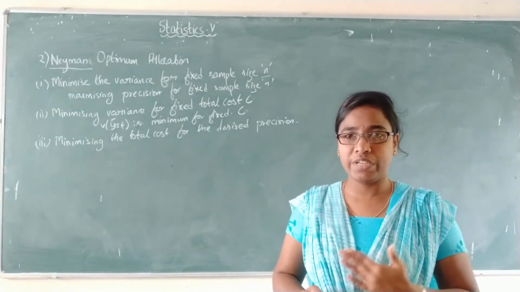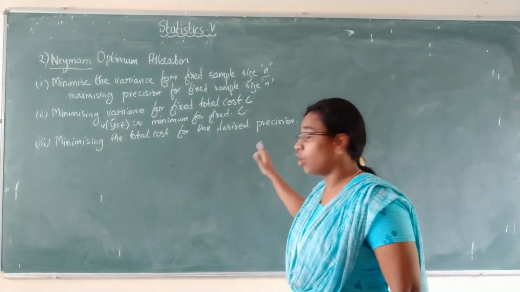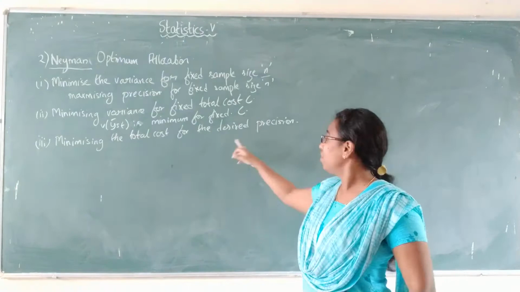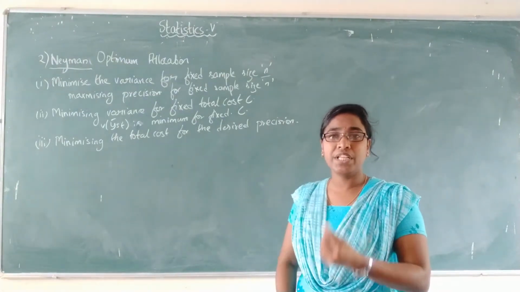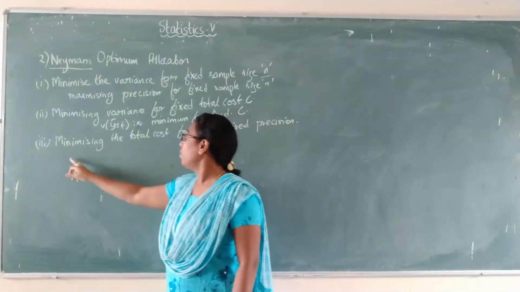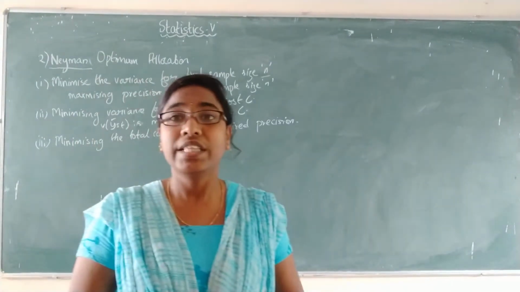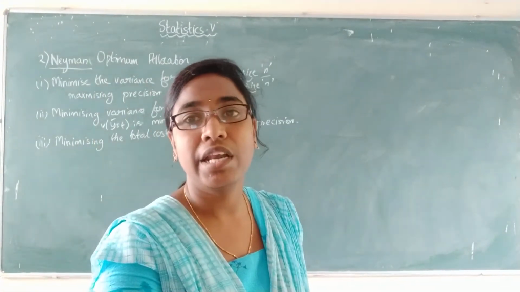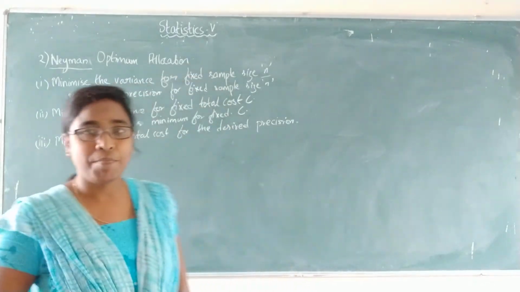Suppose I want the variance value as 0.8 only, and it should not be more than that. So I have some desired precision, meaning my variance value is fixed, and for that fixed variance we minimize the total cost. These are the three conditions given by Neyman for the optimum allocation of the sample sizes.